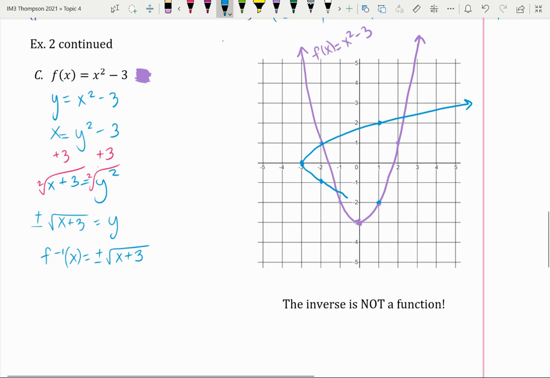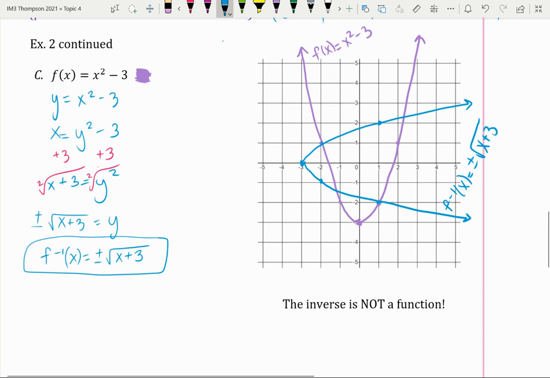And then this is the negative part. So here's my inverse.